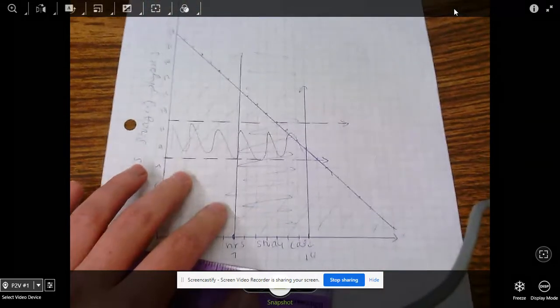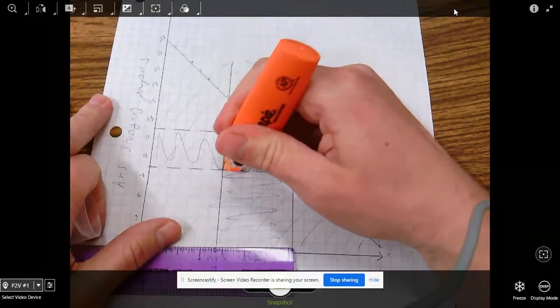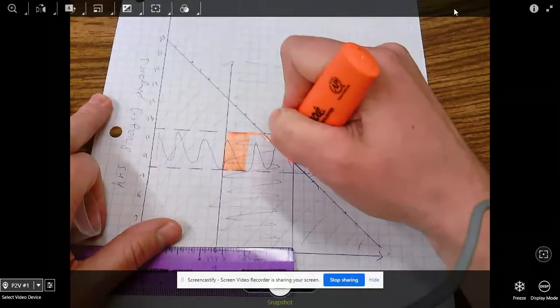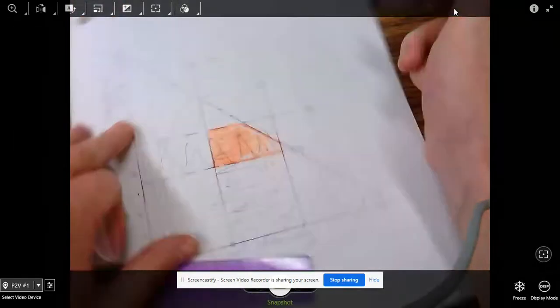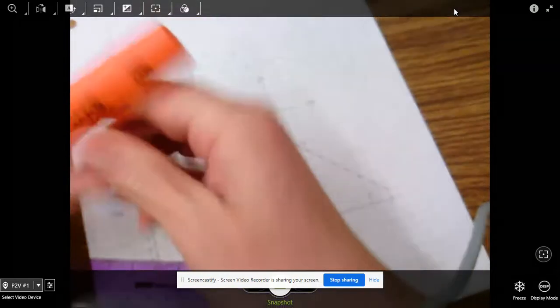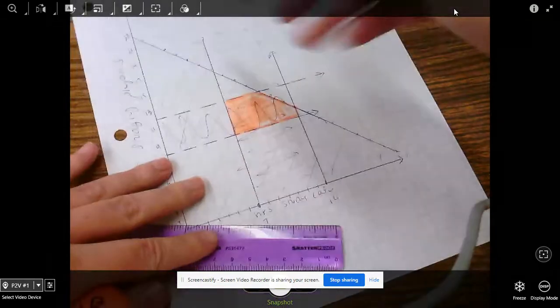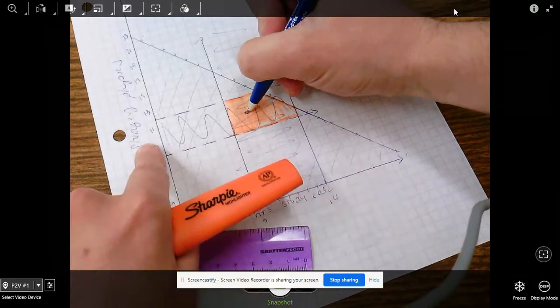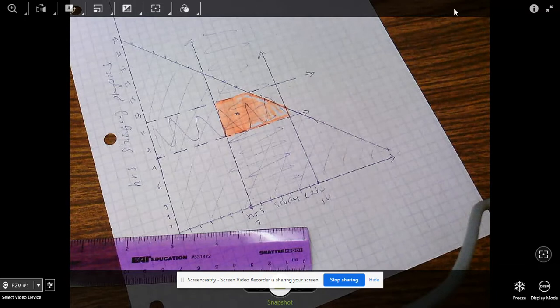So this little square right here is all the possibilities of combinations of physics and calculus times that you could have spent. If you picked a coordinate here, you'd say, okay, I could spend 9 hours studying calc, 10 hours studying physics. Does it add up to 23? No, but it has to be less than 23, so you're fine.